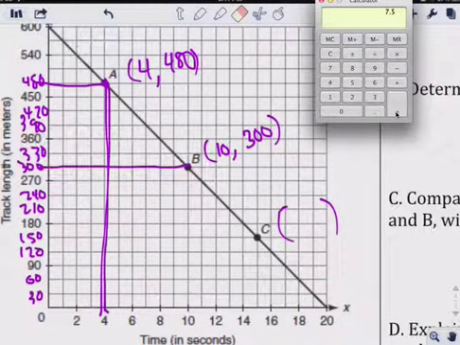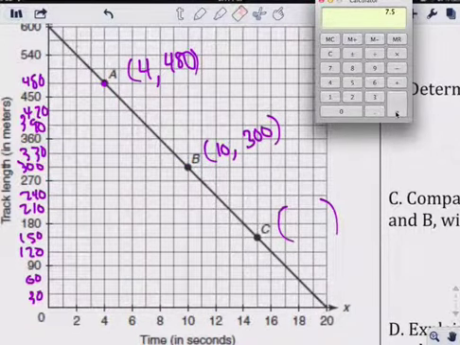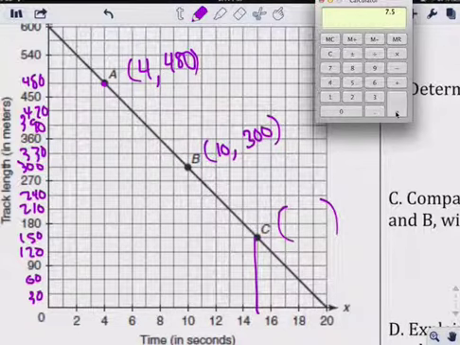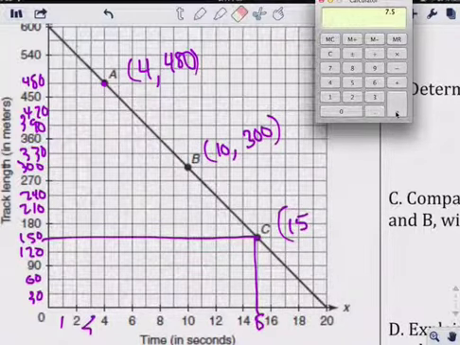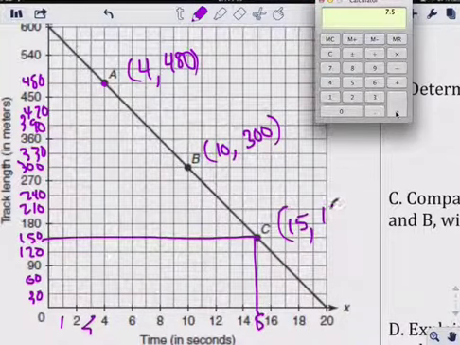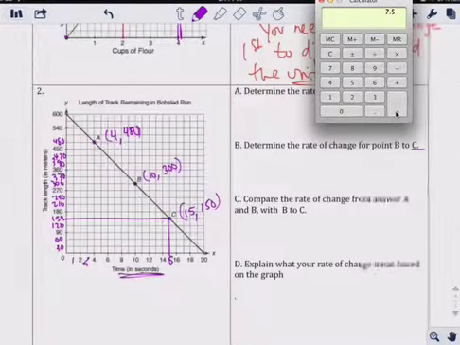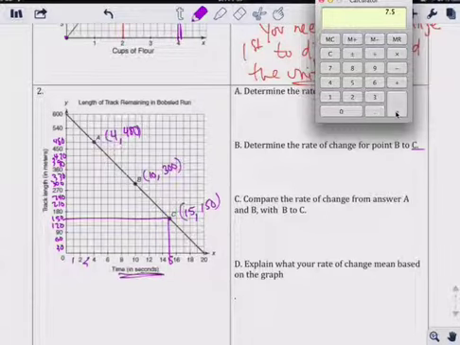Okay, and then I'll erase all this. This one here is 14, here's 15 seconds. It's counting by 1, 2, 3. So that's 15 seconds, and you're at 150 meters. Okay, it says determine the rate of change from point A to point B. So from this point to this point right here.